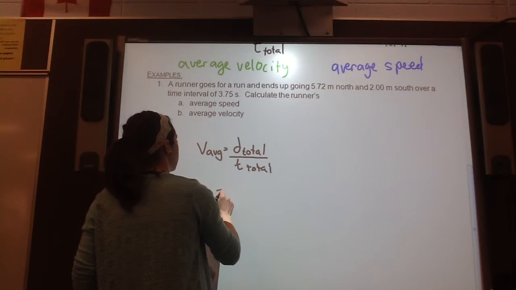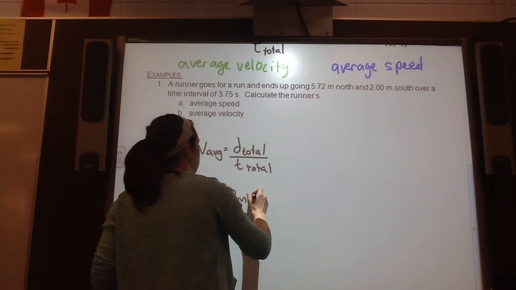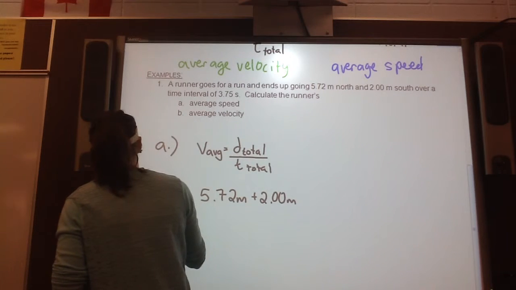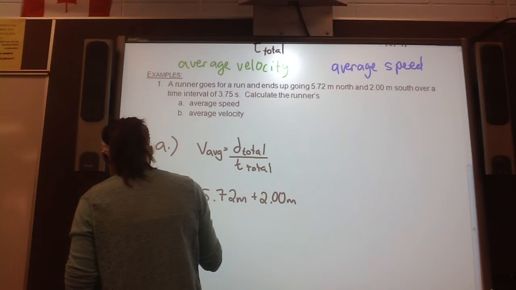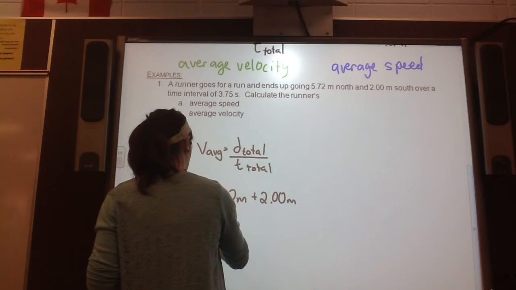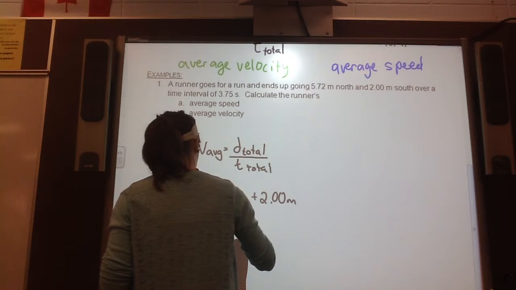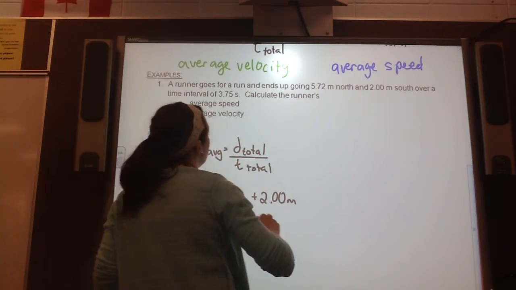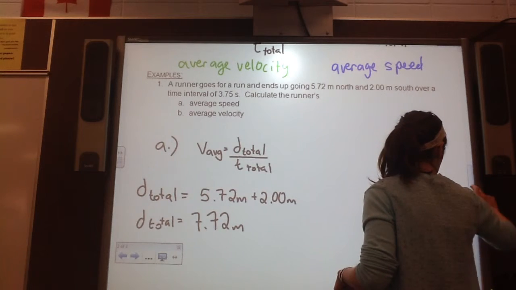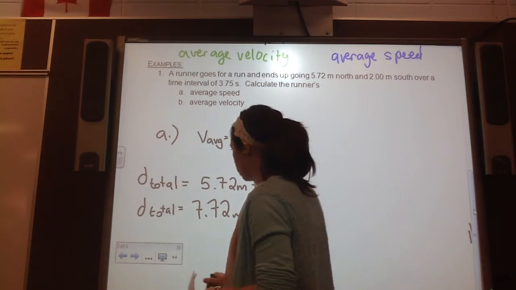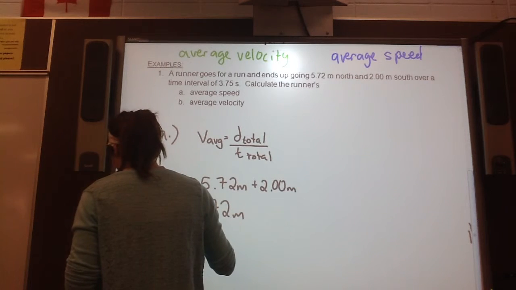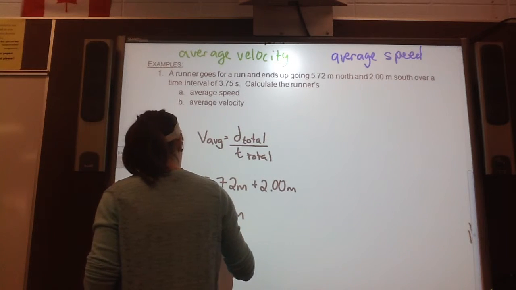So 5.72 meters plus 2.00 meters, so then my D total is 7.72 meters. And your T total is quite simple because you only have the one, which is nice: 3.75 seconds.